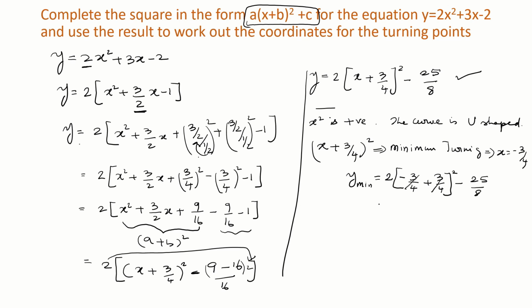So this cancels, and y minimum we have minus 25 by 8. So the coordinates are x value minus 3 by 4 and y value minus 25 by 8. So these are the coordinates of x and y.